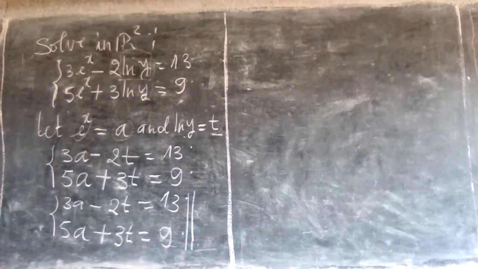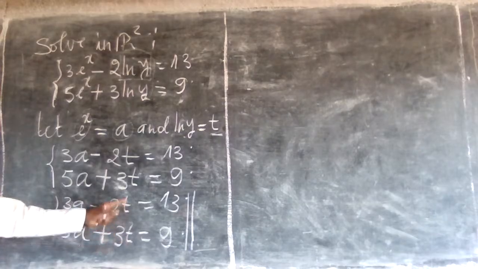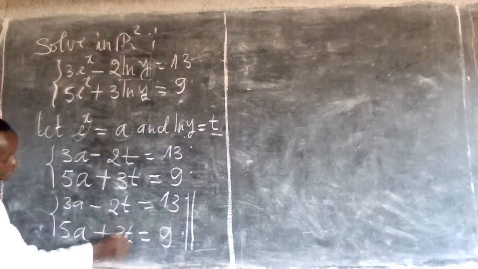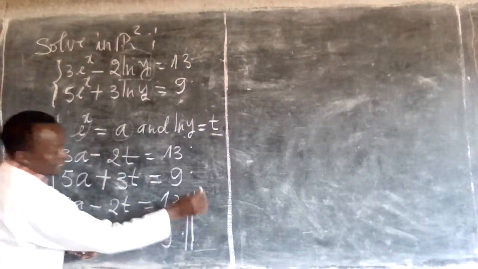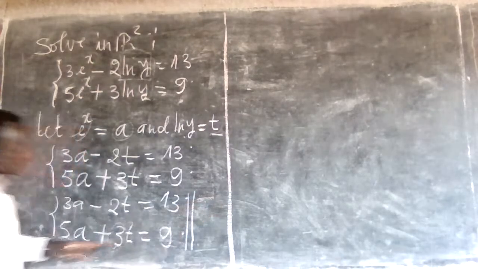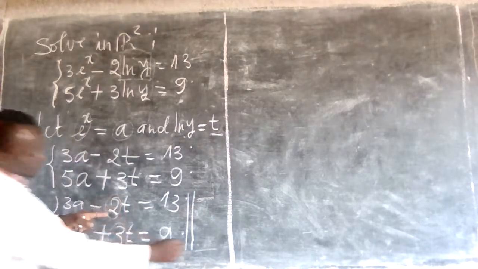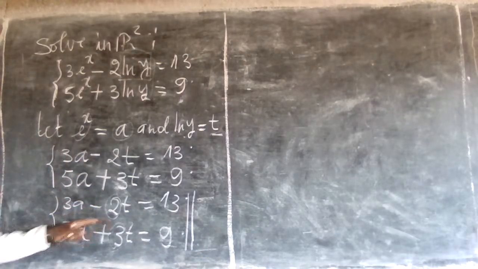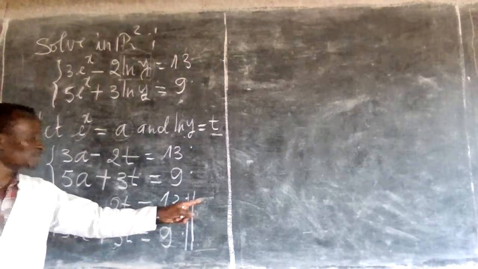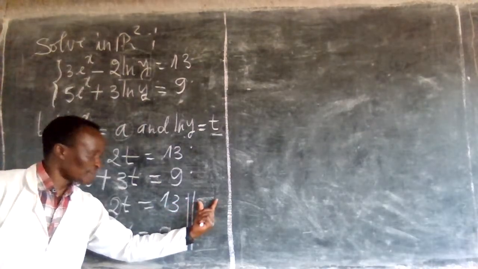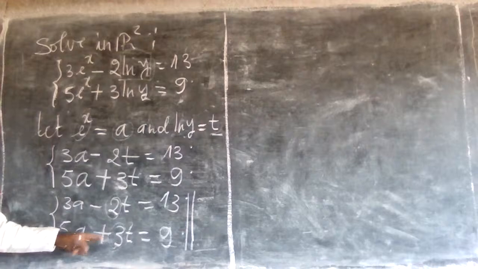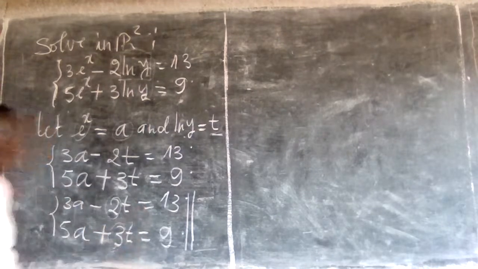Now let's eliminate this t. We are going to multiply by 3 on the first equation and by 2 on the second equation. Because we have a minus here and a plus here, we don't need to multiply with a negative number, because if you have different signs, it will be easy to cancel those numbers.